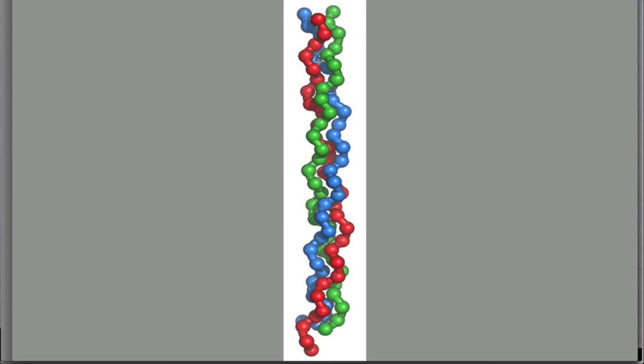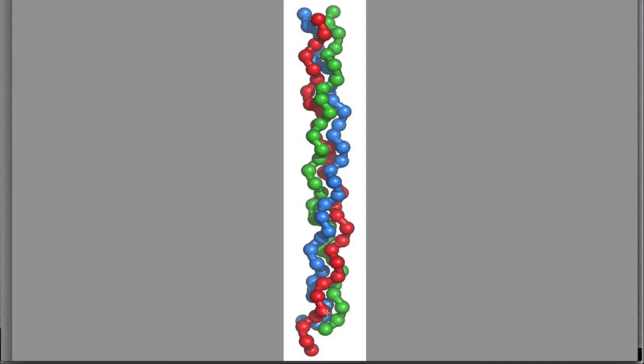Because what's the side chain for glycine? The side chain for glycine is just a hydrogen. Do you see how those would fit well in the interior because they don't take up much space?